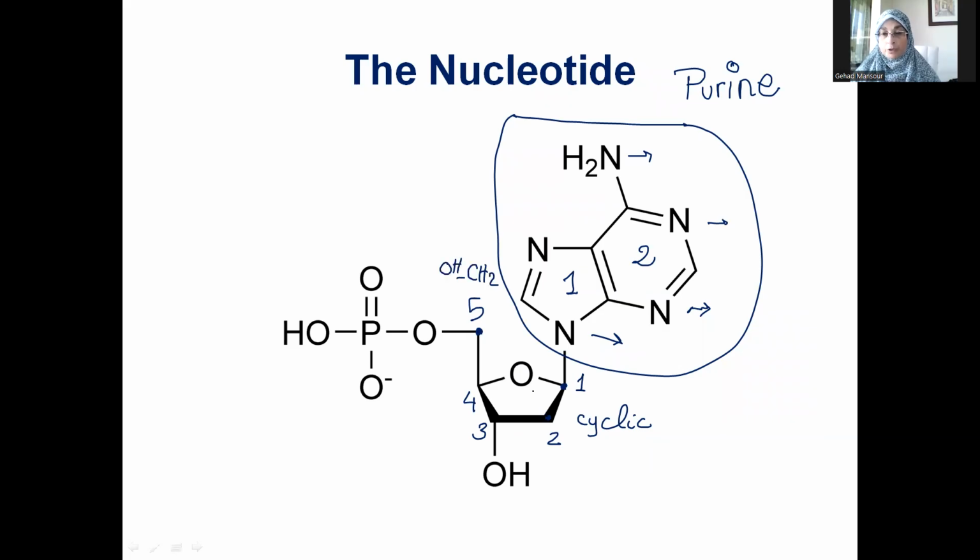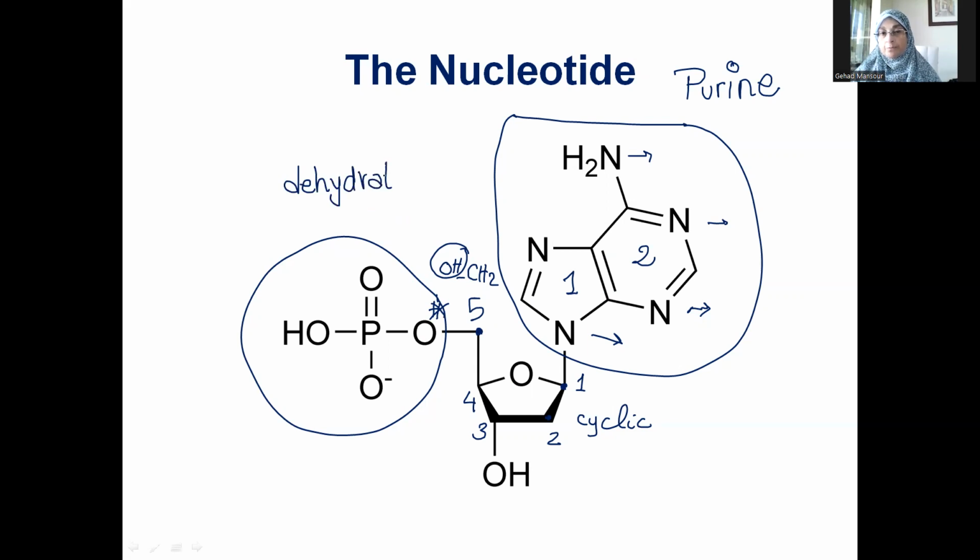So in order to join that pentose sugar together with the phosphate group, you have to remove OH from here and remove H from there and do a dehydration synthesis. So they are bonded together by dehydration synthesis, and of course they form a covalent bond, and that covalent bond is an ester bond. It is called a phosphodiester bond.